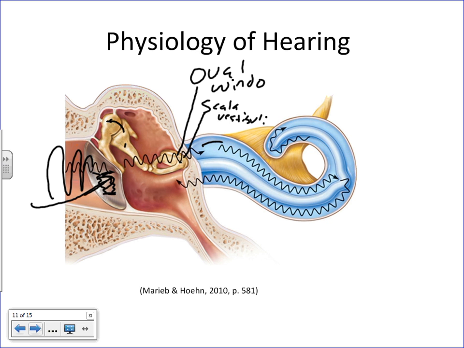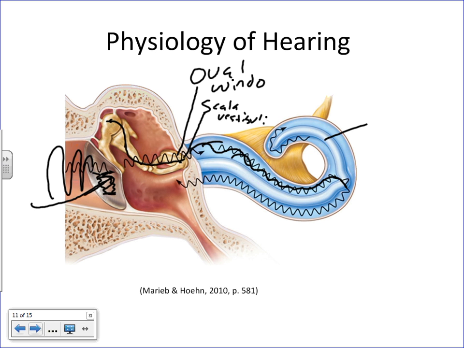The auditory ossicles are going to press on the oval window, and the energy is going to pass through the fluid, the perilymph of the scala vestibuli. That energy will be transferred through the fluid, and it will eventually come in contact with the tectorial and basilar membrane.